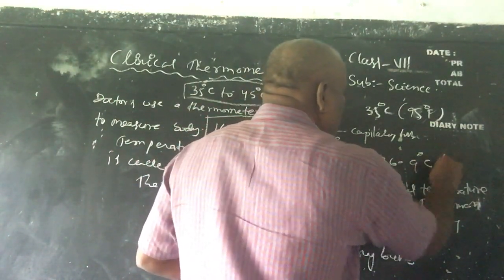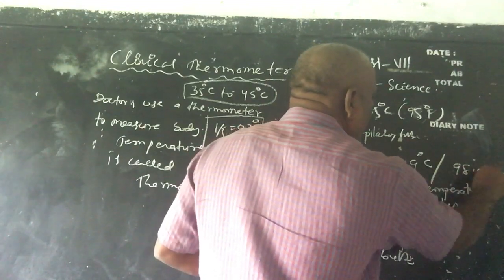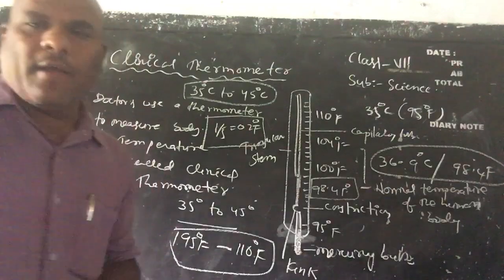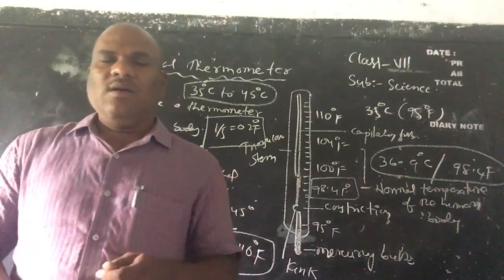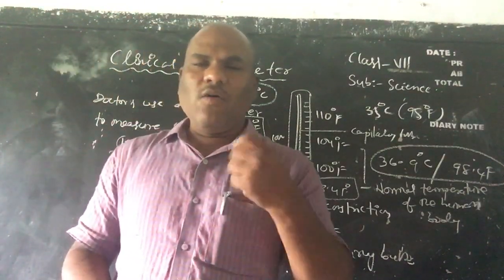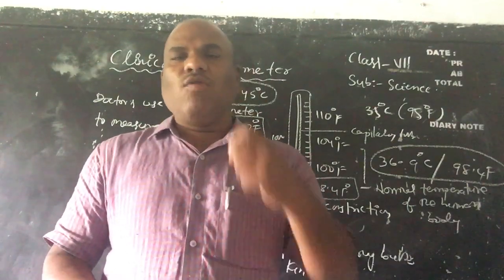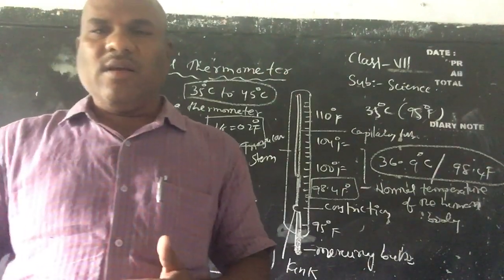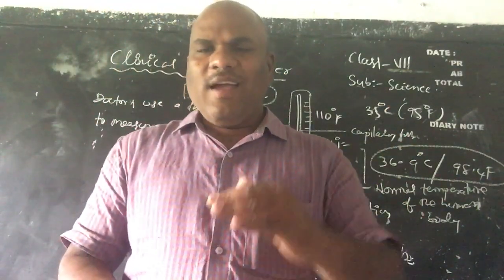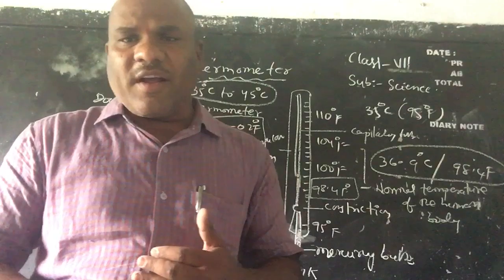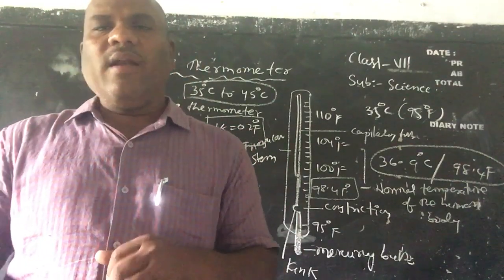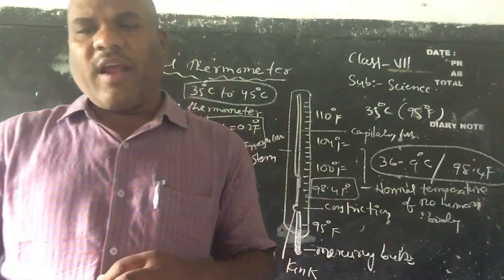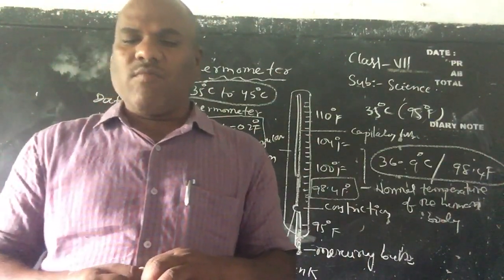The normal temperature of the human body is 36.9 degrees Celsius, or 98.4 degrees Fahrenheit. If it is more than that in either scale, then the person is suffering with fever, children. Like that, we can easily find out the temperature of the body.